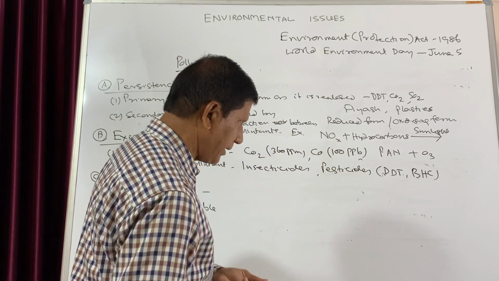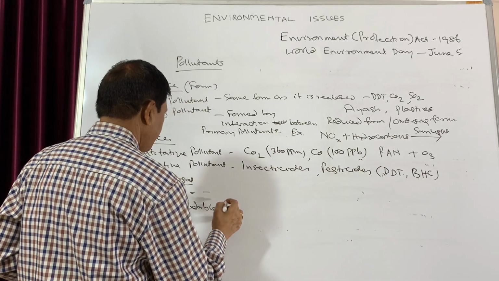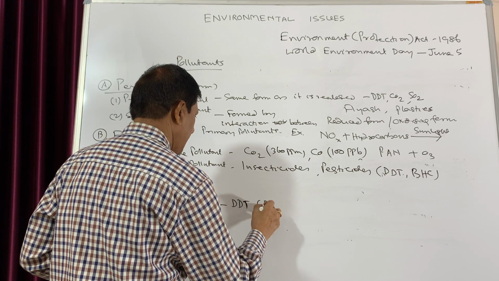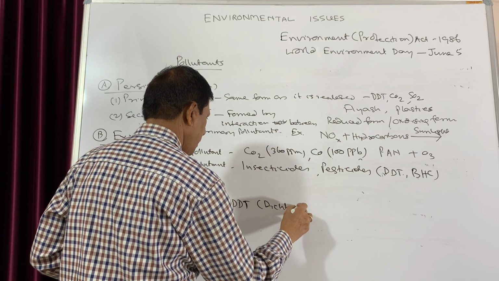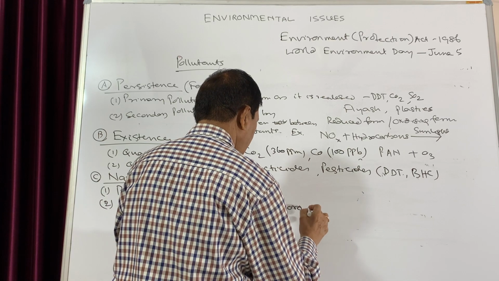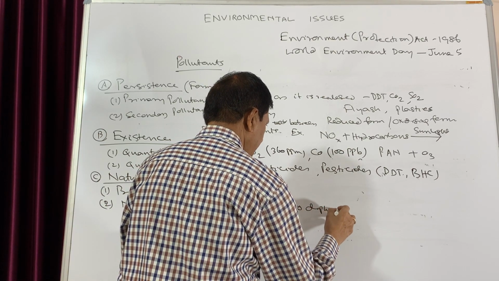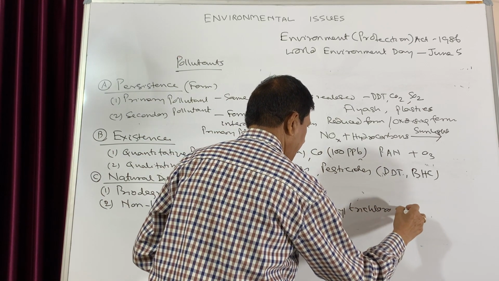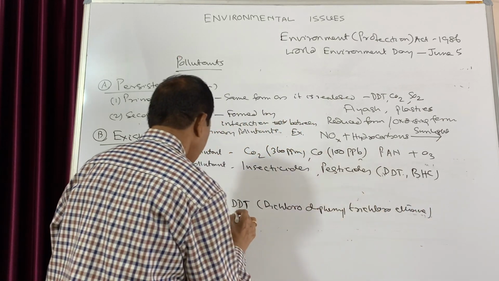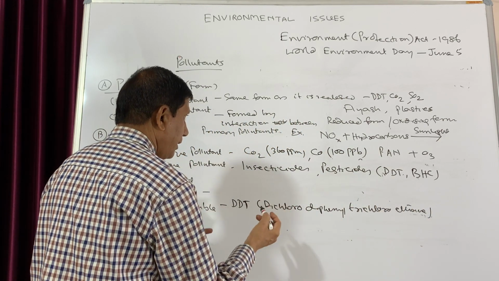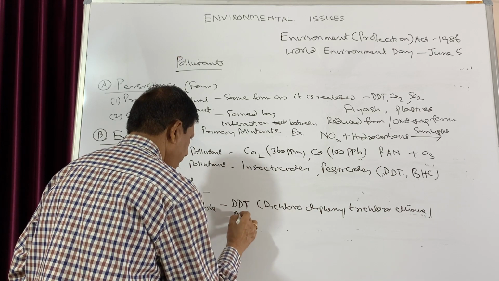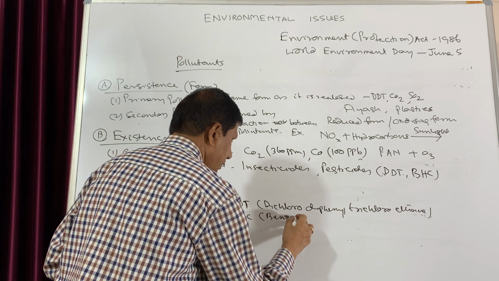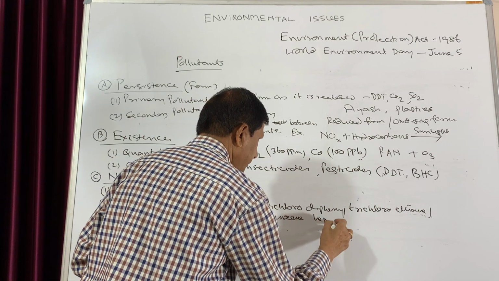You can take the example of DDT, that is dichloro diphenyl trichloroethane. Similarly, you can take BHC, that is benzene hexachloride.